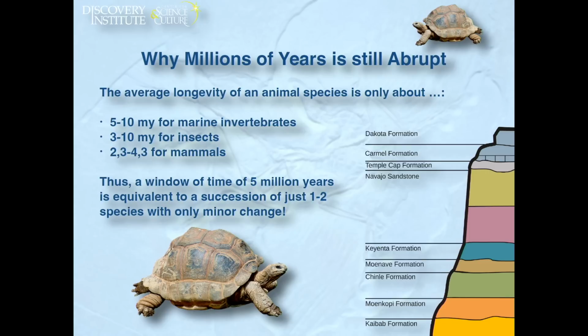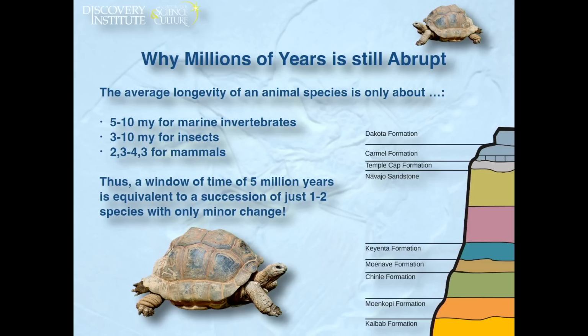That is not what we say, that is what mainstream evolutionary biology says: depending on whether you look at invertebrates, marine animals, or terrestrial land animals, or plants or whatever, you have average lifespans that vary between 2.5 and 10 million years. That's about the time a species exists from its origin until its extinction or dissolution into something else, whatever model of species you apply.